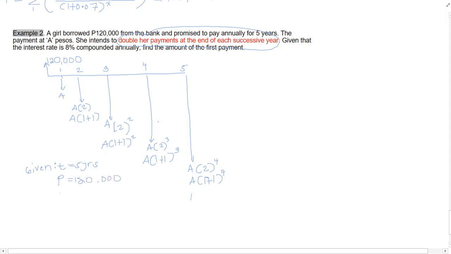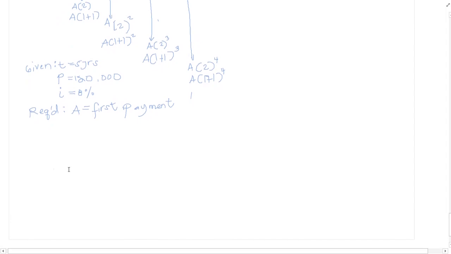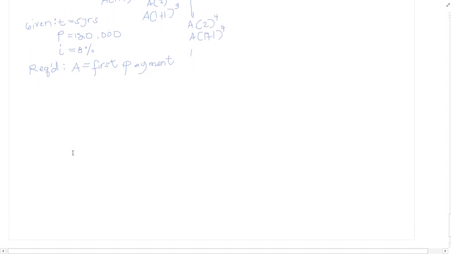For your m there, that is 1, the interest rate is 8%, and the requirement is A, that is the first payment. Okay, so using solution 1 again.